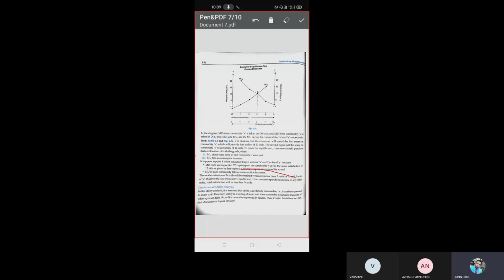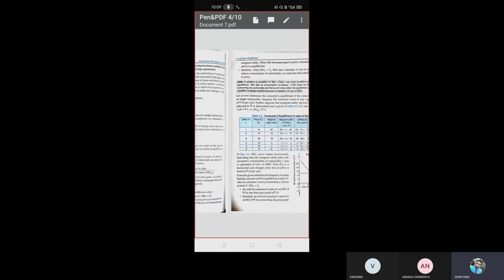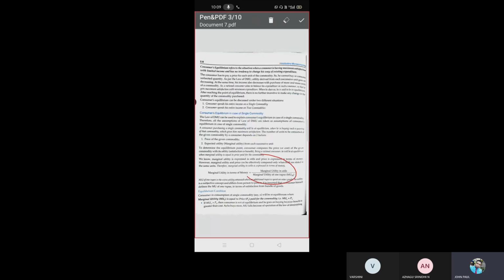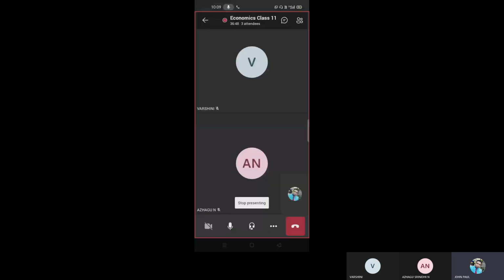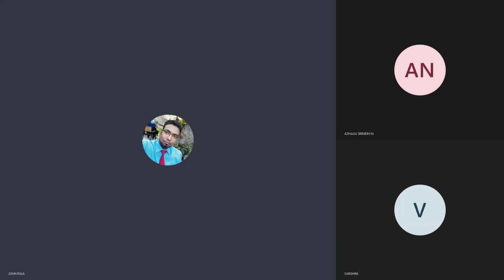Marginal utility of money, as we have studied already. Okay, so you can see, these are all the recap. Finally, we are done with the cardinal utility approach. Now we are about to start ordinal. Before getting into this topic, I just want you to go through the concepts we have studied so far. If you have any doubts, please let me know immediately.